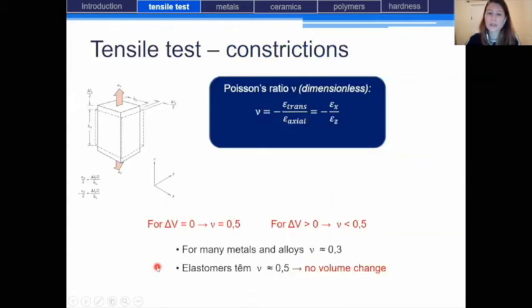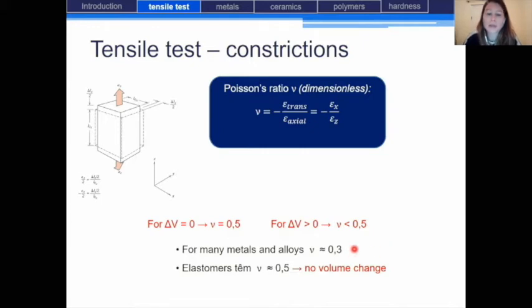And so, depending on the class of material, we will have different ranges of values for this Poisson's ratio. So if we have a material for which the variation of the volume is equal to 0, the Poisson's ratio will be equal to 0.5. If the variation of volume is higher than 0, the Poisson's ratio will be lower than 0.5.